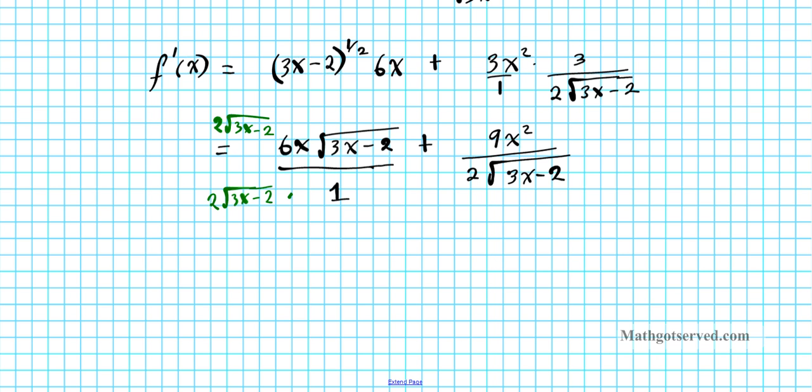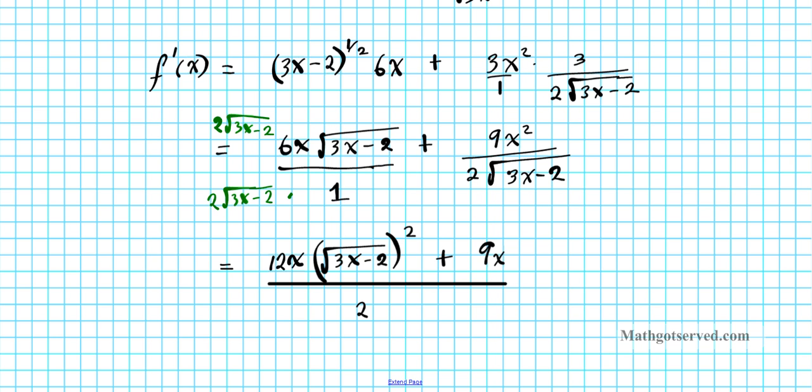Alright? Okay, now in the numerator, the 2 and 6x are not radicals, so multiply them together, I have 12x. And then if I multiply root 3x minus 2 and root 3x minus 2, I'll have root 3x minus 2 squared. Okay? Plus 9x. Now the two denominators are identical, so I can just combine them into 1. So it's going to be 2 root 3x minus 2.